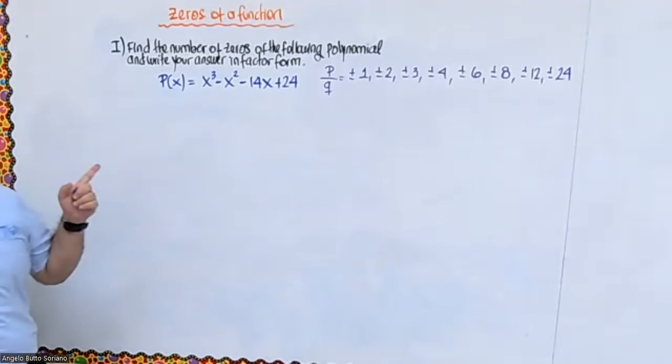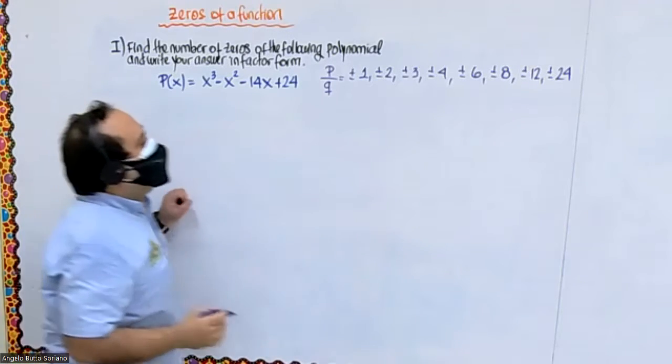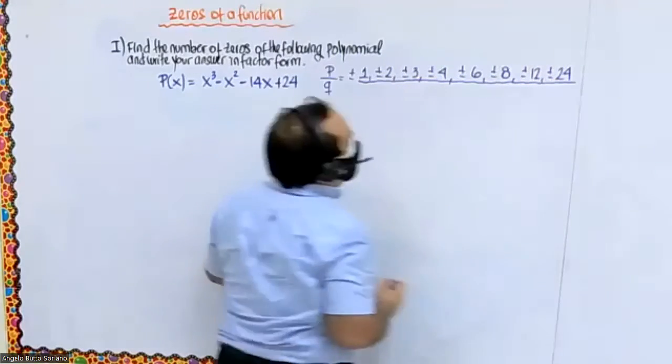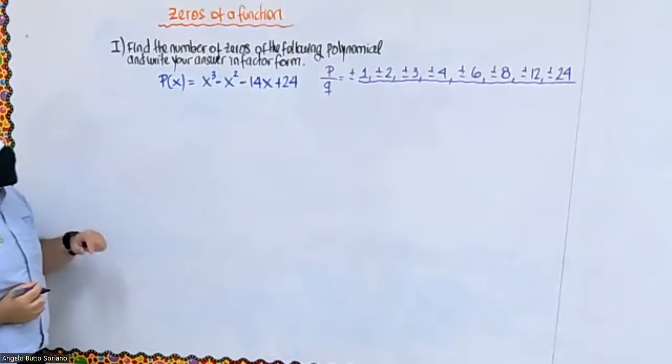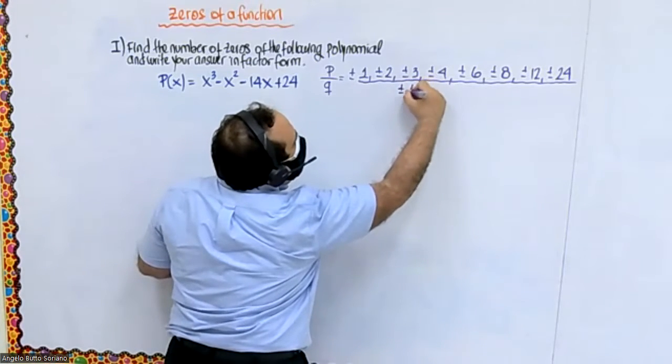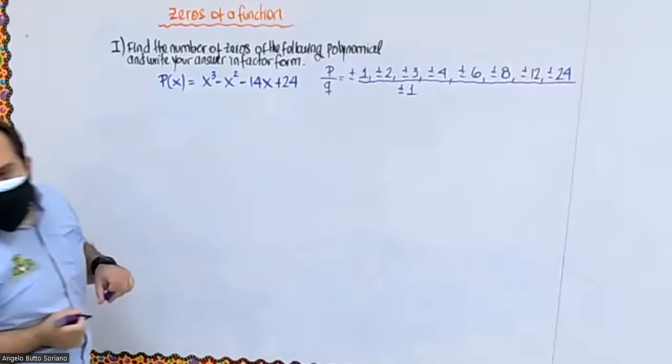Those numbers are multiples of 24, divided by the multiples of 1. Or in simple words, divided by positive negative 1.